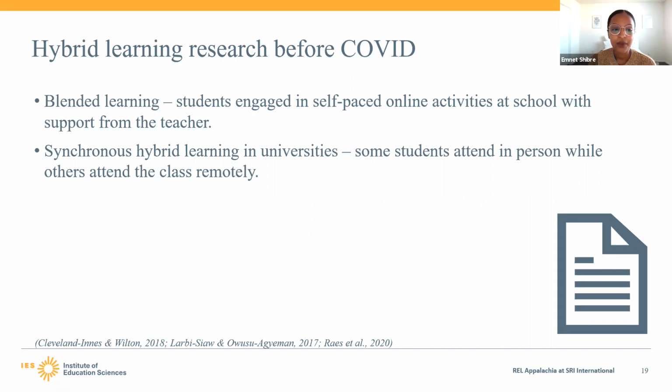Most of the research we are going to draw on was conducted looking at two models. The first is blended learning. Blended learning is where students and teachers are both in school, but the students are engaged in self-paced online activities with support from the teacher. Findings suggest that blended learning is beneficial for differentiating instruction and meeting individual student needs.